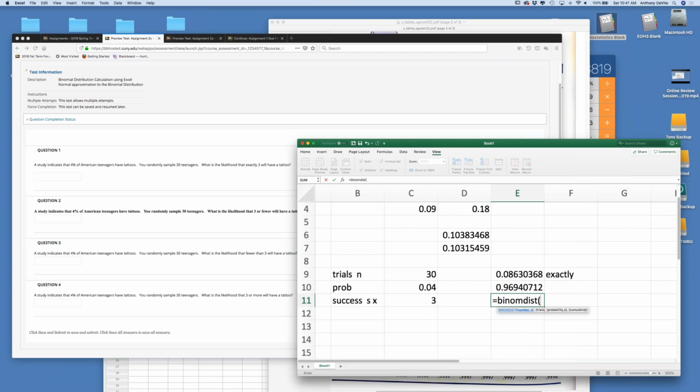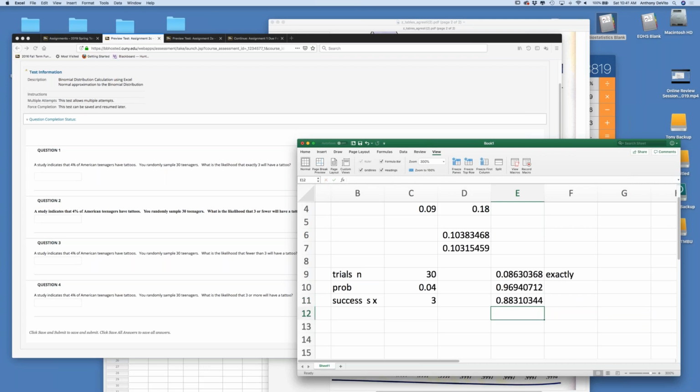Fewer than 3, so that means 3 is not acceptable. So fewer than 3 would be 2, 1, and 0. So 2, comma, trials is 30, comma, probability is 0.04, comma, and cumulative is going to be true because we want to know the probability for fewer than 3, which includes 2, 1, and 0. So that's 88%.